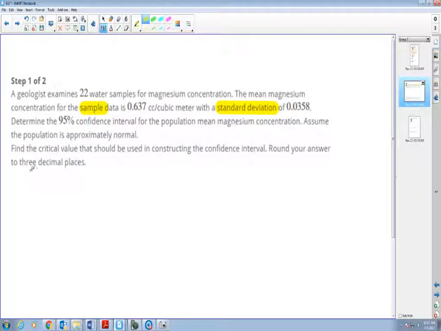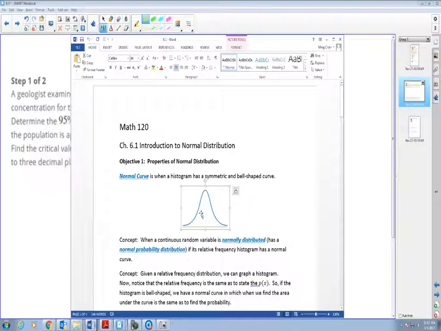Step 1 out of 2 wants me to find the critical value that will be used to construct the confidence interval. So I need to find the t-value first. Let me go back to my normal curve.